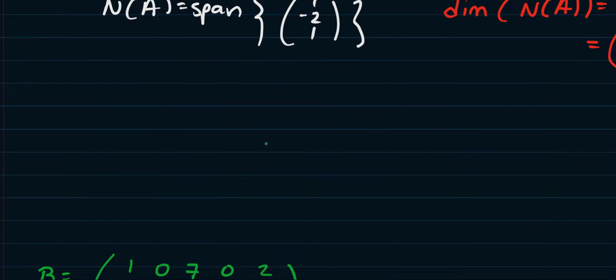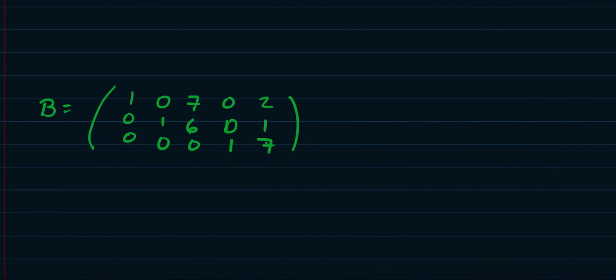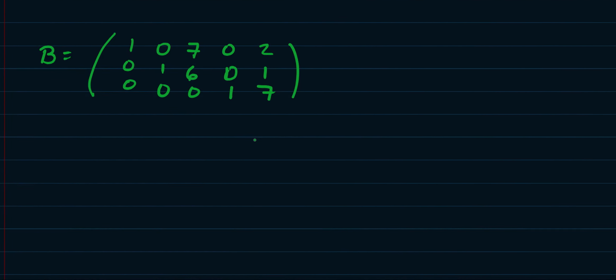That's interesting. Let's look at another example. Here I have a matrix B. This matrix, if you look closely, I saved you the trouble. This is in reduced row echelon form. See all its pivots, 1, 2, 3. Right now you can tell me what the rank of this matrix is. It's 3.